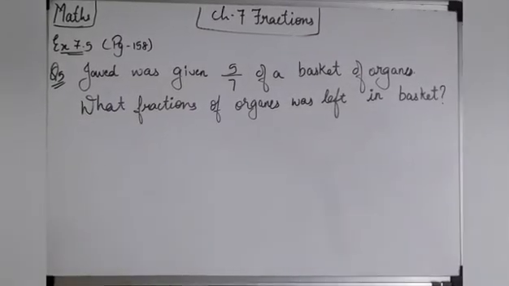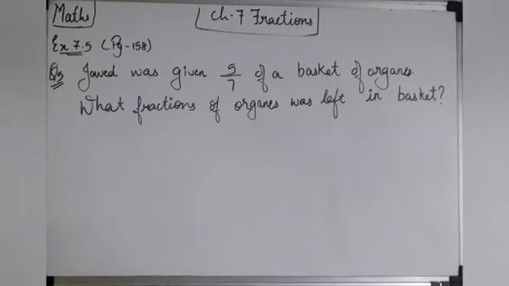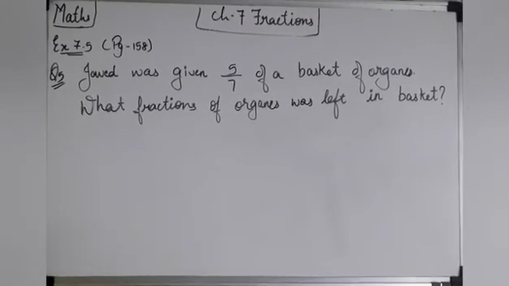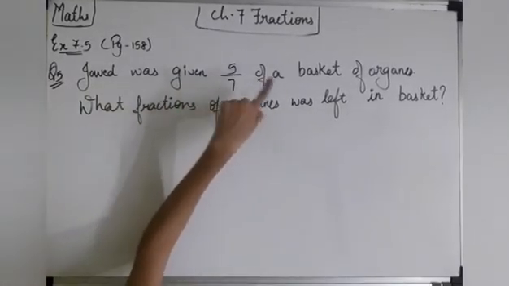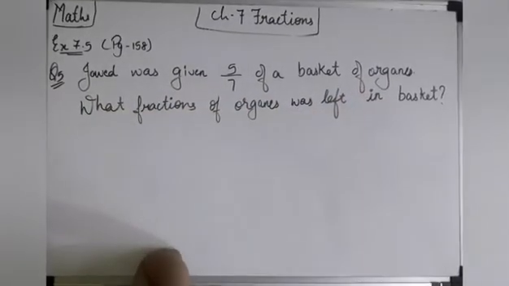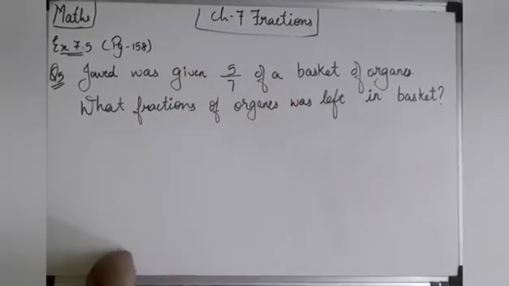In question number 5 of exercise 7.5 from page number 158, the question is, Javed was given 5 upon 7 of a basket of oranges. Okay. One basket of oranges was there and the fraction 5 upon 7 was given to Javed.